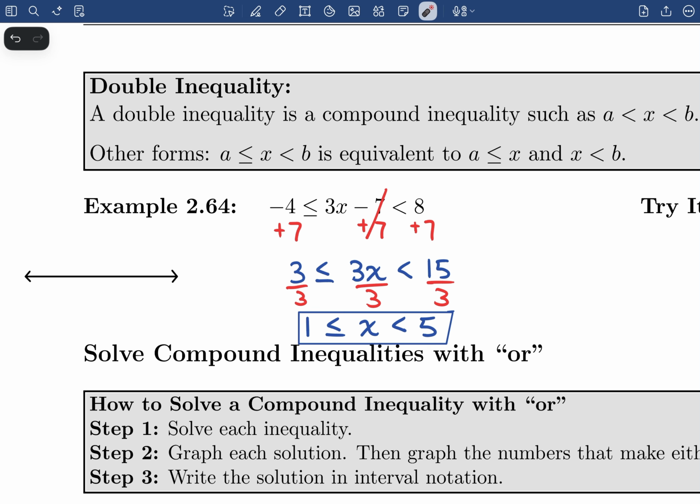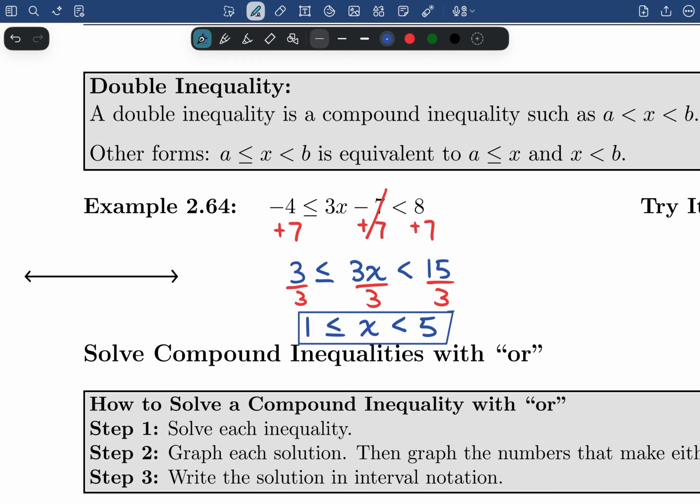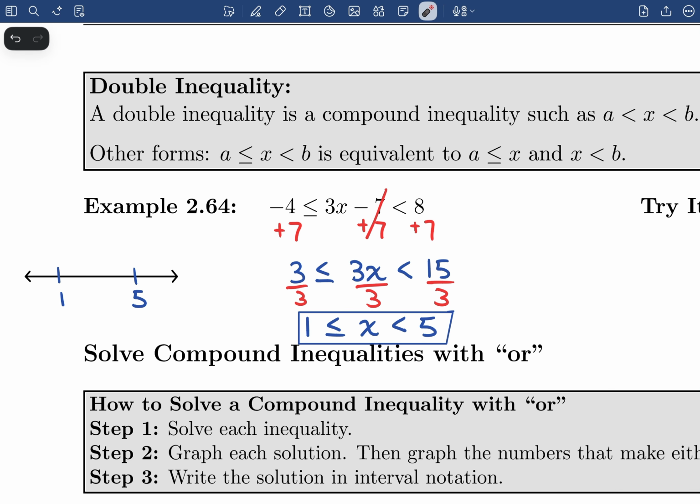And so instead of writing the separate graphs and then combining them together like we did in the last 3 examples, the great thing about a double inequality is I can just look at the lower bound, which is 1 in this case, and the upper bound, which is 5 in this case, right? These are the bounds of the variable x.